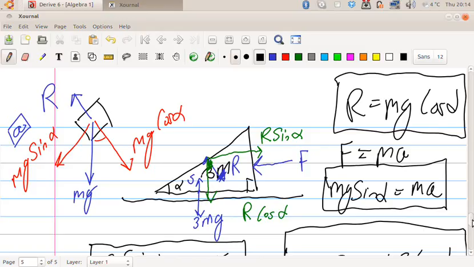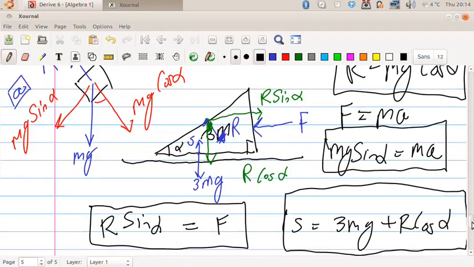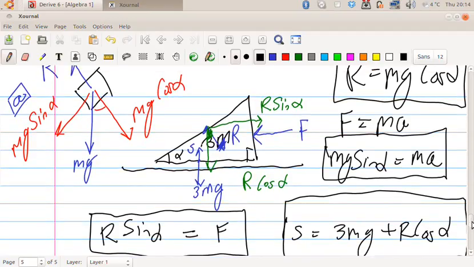Wait, why do I have an equal? No, so yeah, that's a plus there. Oh, sorry. It's the reaction between the wedge and the horizontal surface, so it's the S we're looking for, not the R. I was kind of a bit worried there. So the S. So yeah, look, we have S here.